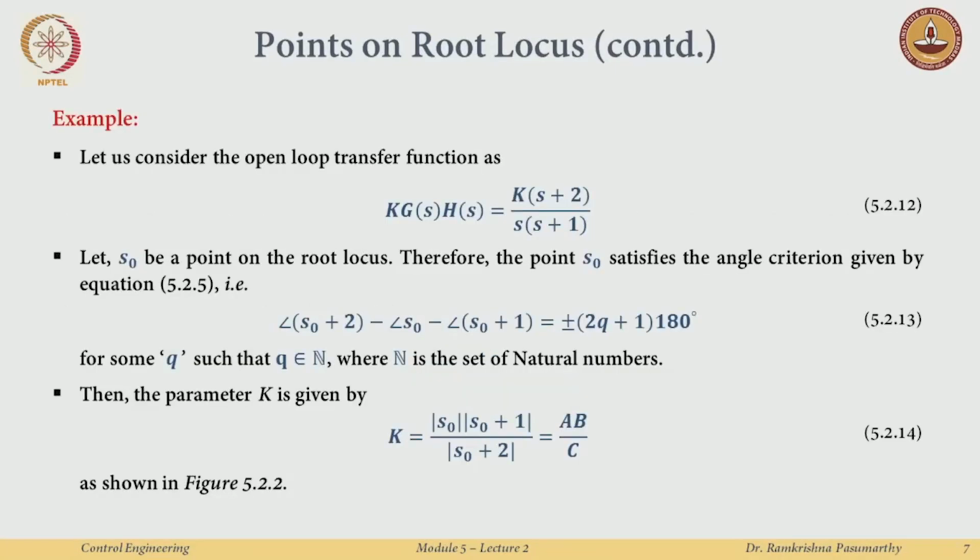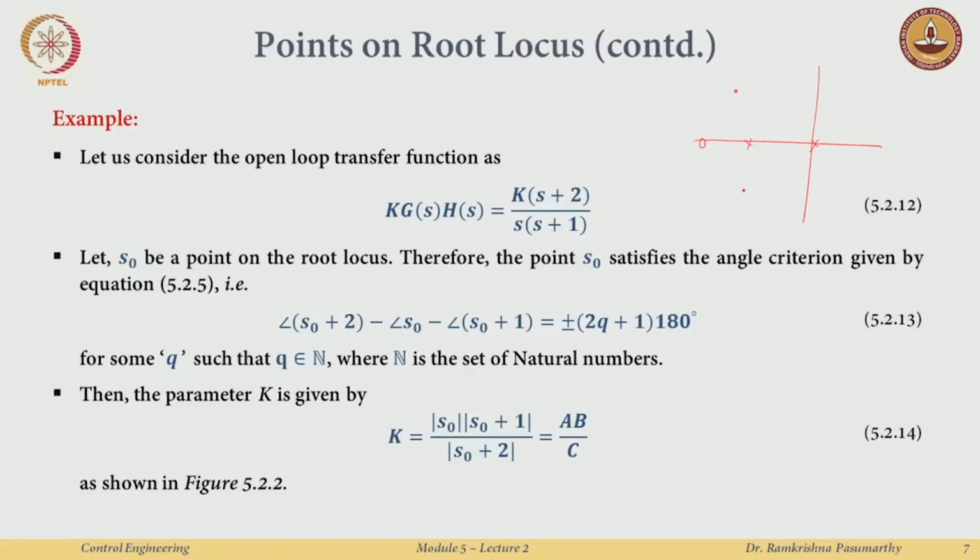Let us see what this means in terms of an example. I have k times s plus 2 over s times s plus 1. Let me draw something. I mark my poles at 0 and minus 1, and there is a zero at minus 2. Now I take any arbitrary point here. As the gain keeps increasing, will this point lie on the root locus?